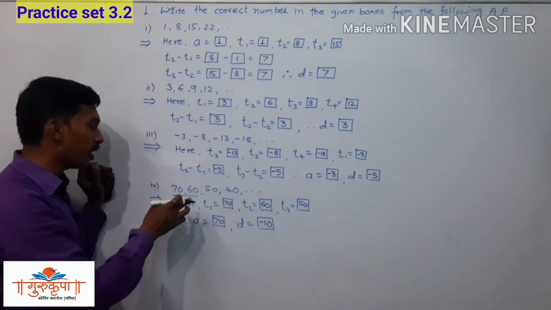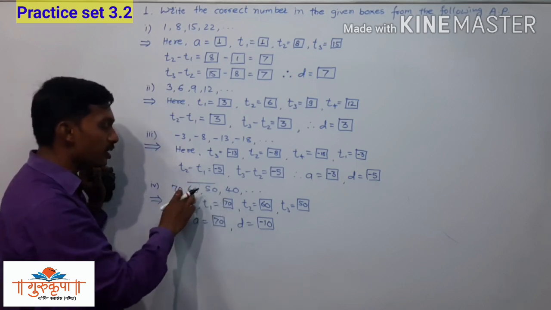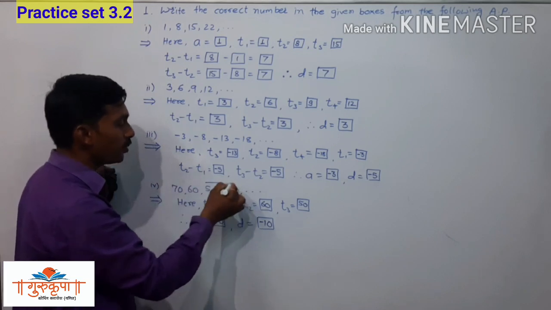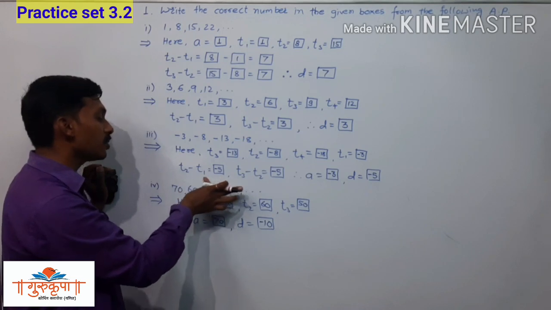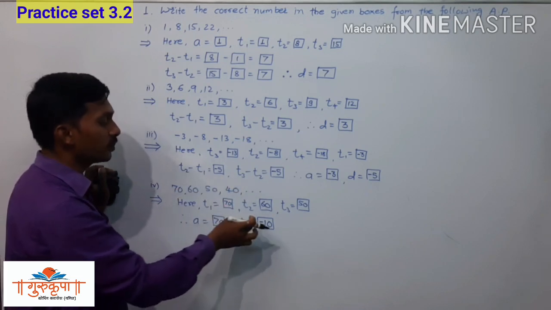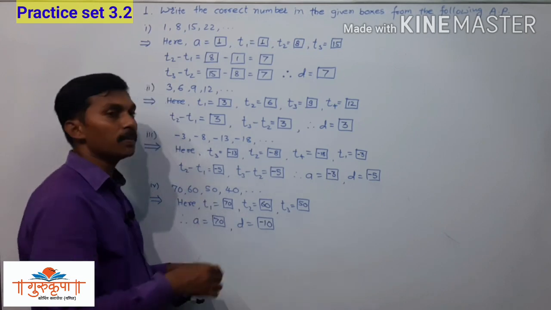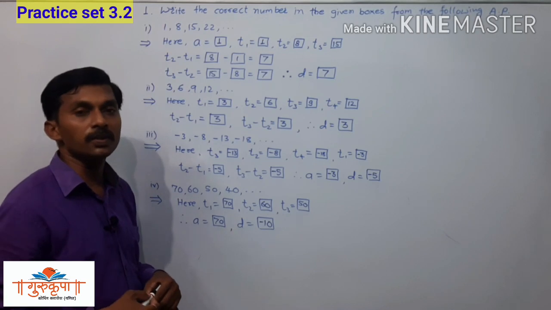If you take these two terms, 50 minus 60, it is minus 10. If we take these two terms, then 40 minus 50, it is minus 10. You can take any two consecutive terms and the difference between them is the common difference, that is minus 10 in this example. So this is all about the first question from practice set 3.2.